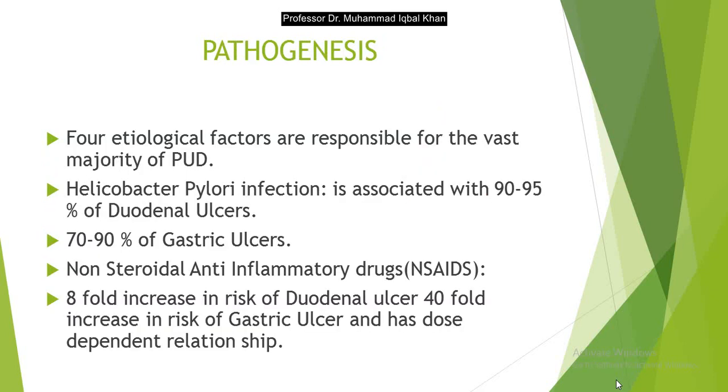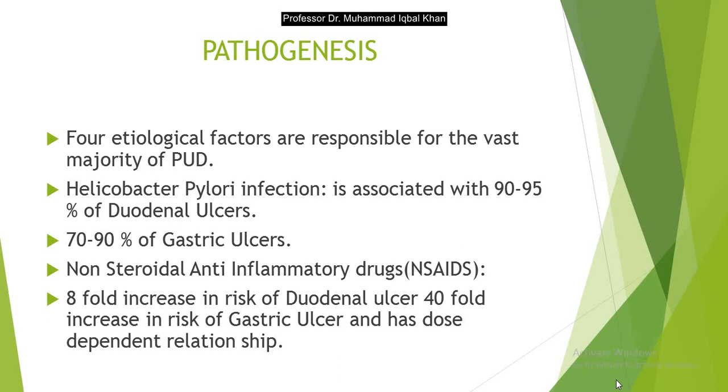Pathogenesis. Four etiological factors are responsible for the vast majority of peptic ulcer disease. First, Helicobacter pylori infection. This is the commonest infection, associated with 90 to 95% of duodenal ulcers and 70 to 90% of gastric ulcers.